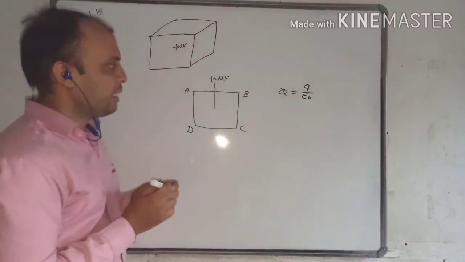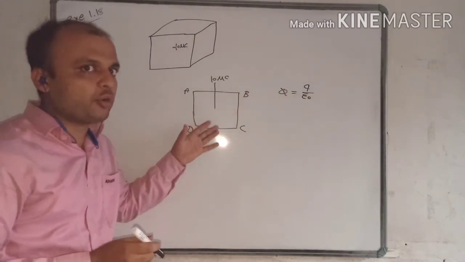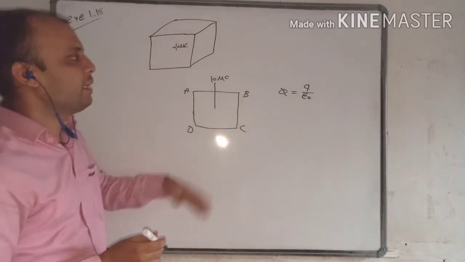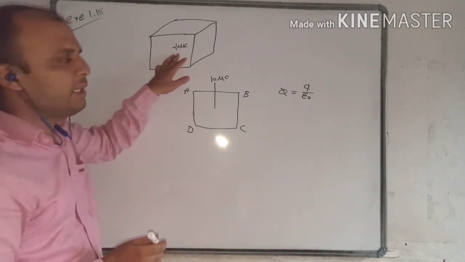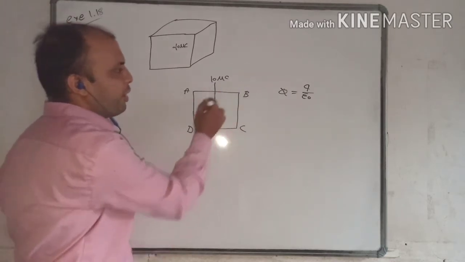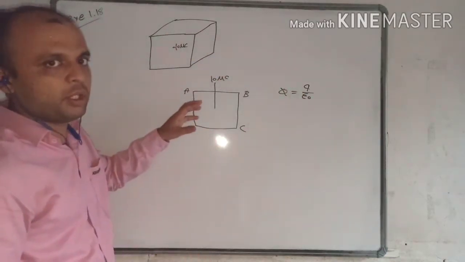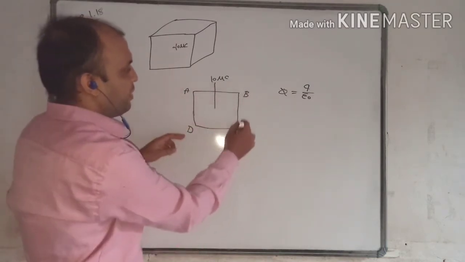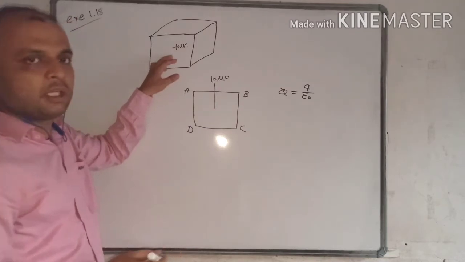Okay, this is actually the Gauss formula, but we cannot apply it directly to the square, so we consider a closed body here. Now we have to find the flux only for this surface, and the flux given by the formula is for the whole cube. So this surface is actually 1/6 part of the cube.